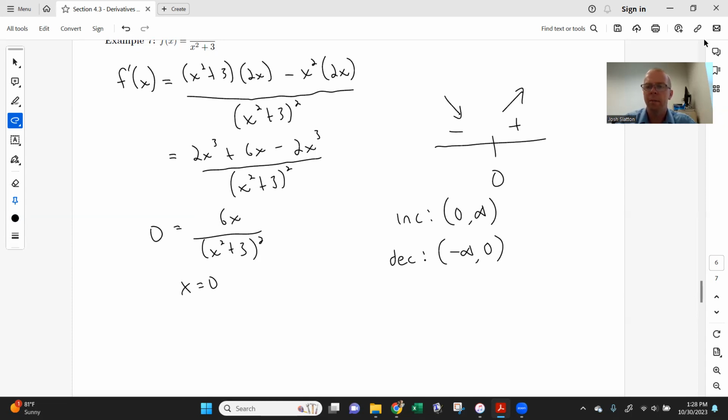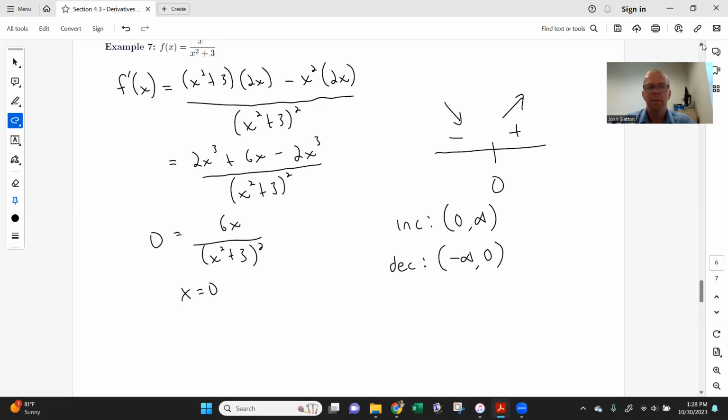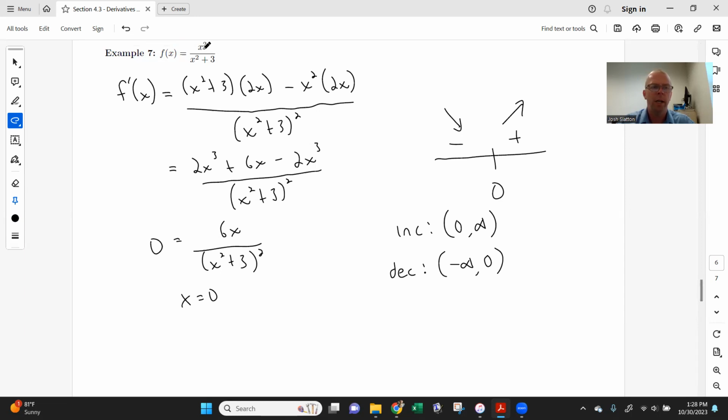And again, I mentioned on the last problem, pay attention to the domain. X squared on top, of course, all real numbers. X squared plus 3, all real numbers, and is never 0. So this domain is all real numbers because there are no vertical asymptotes that we have to worry about.